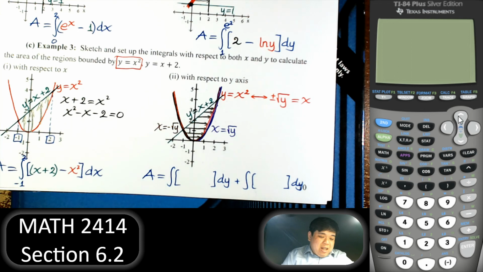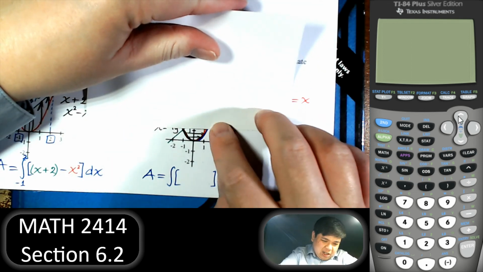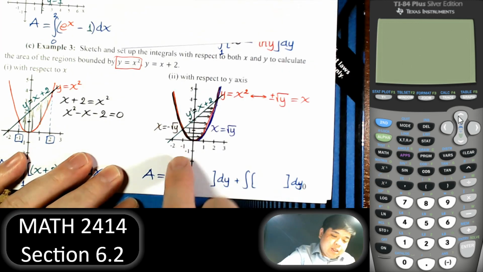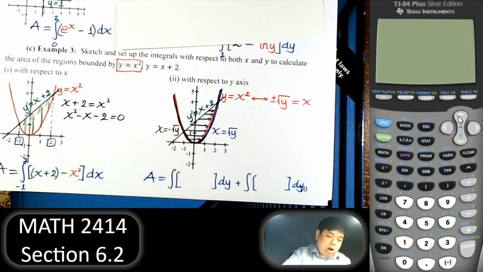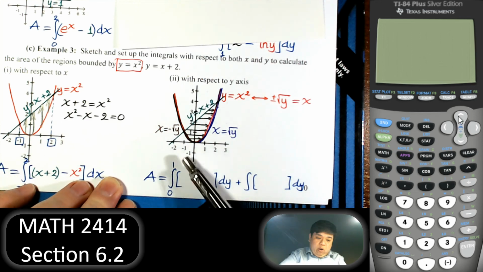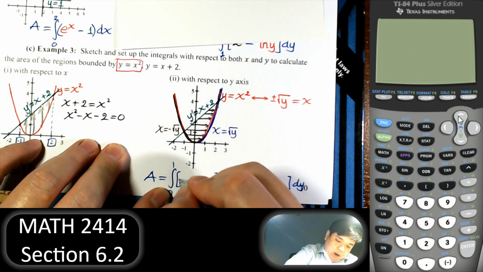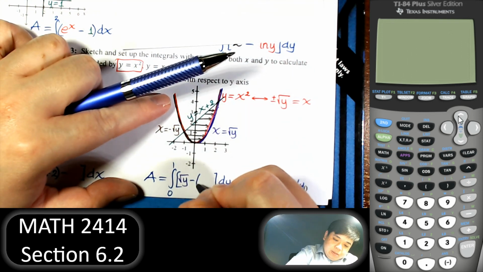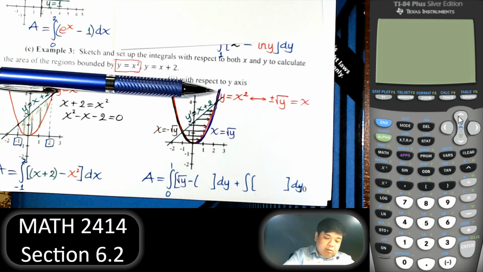Now if we want to split, it will be right here, which is 1. X equal to negative 1, y equal to 1. So we go from 0 to 1 for y. And from 0 to 1, the one on the right is square root of y. The one on the left, negative square root of y.